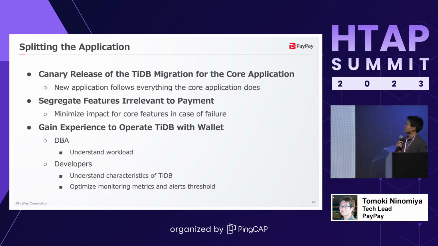So we needed another way to guarantee its stability. So the new application follows everything the core application does, like the patch version of the library, how queries are performed, and the coding style as well. With this approach, we can segregate features relevant to payment and mitigate the impact on the core payment features in case of any failure.